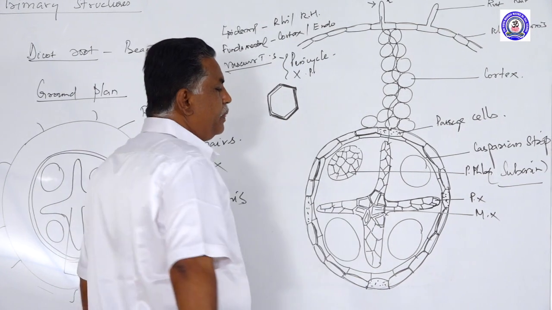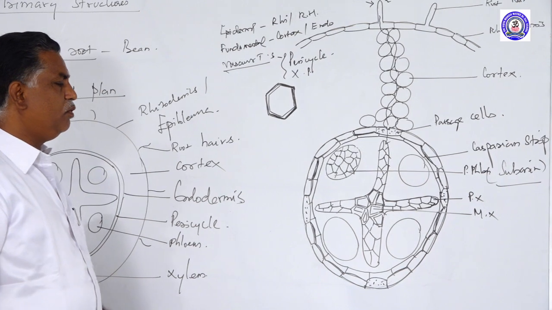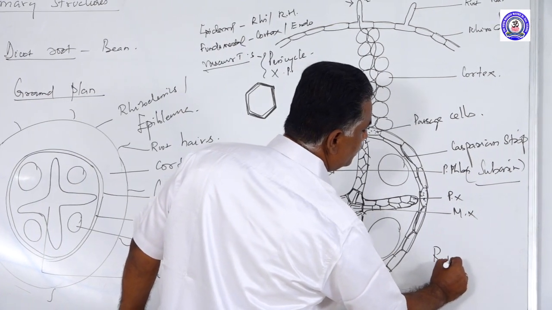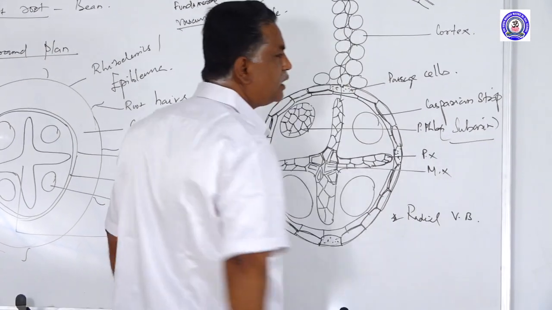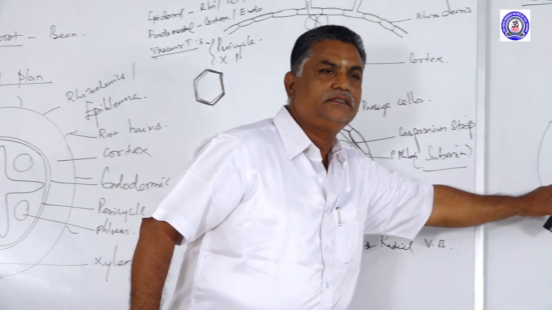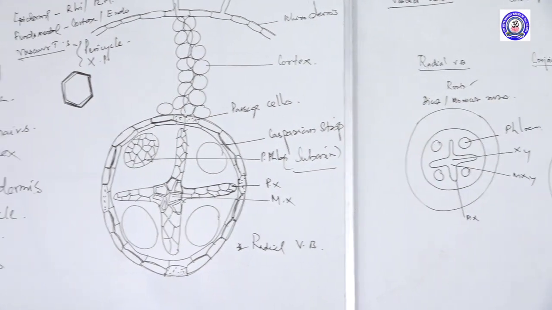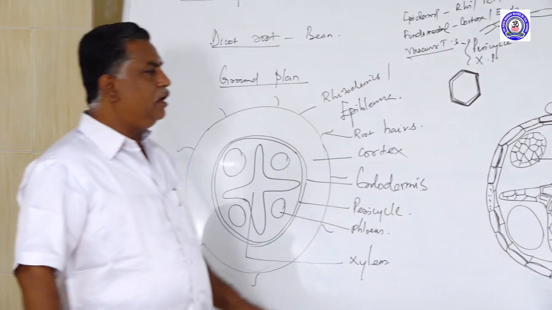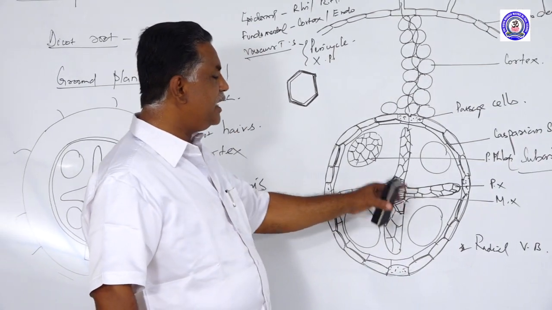You see xylem, here xylem, what is the nature of the vascular bundle? We will see one by one. This is a radial vascular bundle. What is a radial vascular bundle? Xylem and phloem are arranged in different radii. That is called a radial vascular bundle. And what is the nature of xylem?